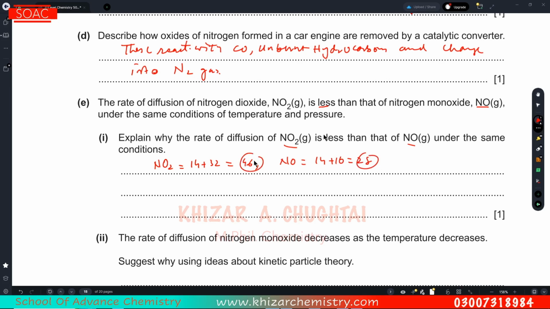So NO2 has higher mass, higher relative molecular mass, or more density roughly speaking, so its rate of diffusion will be slow or less.